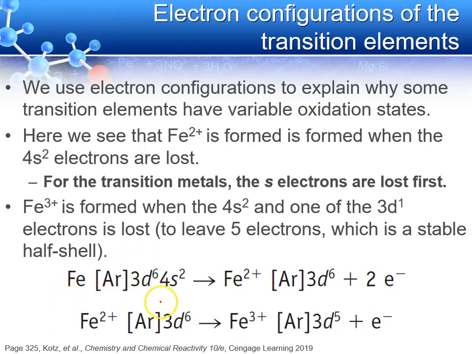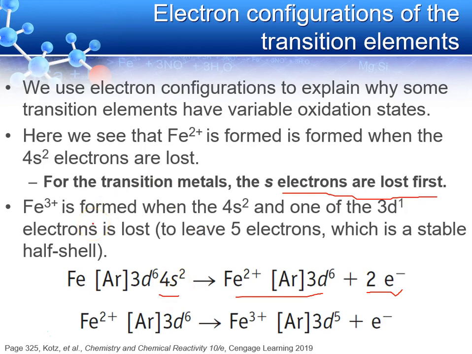If iron loses those 4s2 electrons, then its electron configuration becomes argon plus 3d6, and now we have a Fe2+ ion. We should note for the transition metals that the s electrons are lost first. That wasn't true in the main group metals I just showed you.